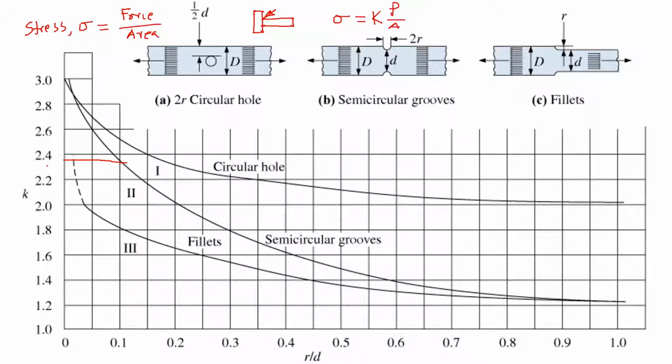2.25. So if you calculate some stress without considering that, if you get sigma equals, for example, say 20 ksi, then considering the stress concentration you will get 2.3 times 20 ksi, which will be 46 ksi.